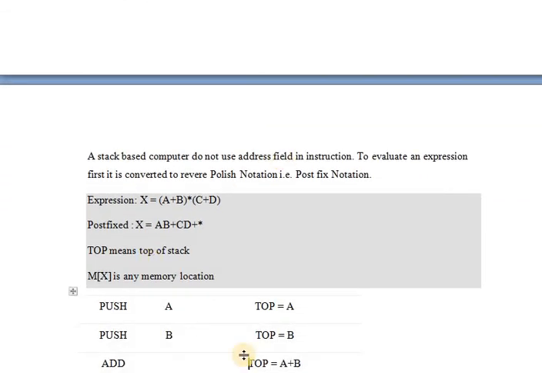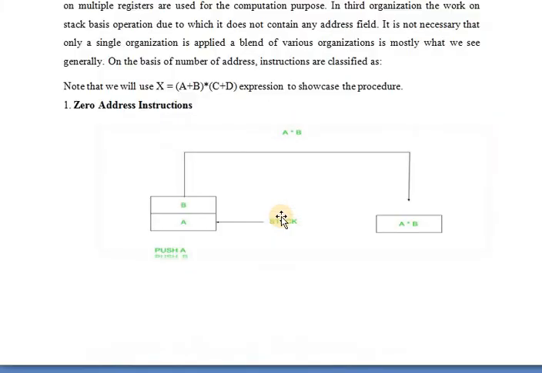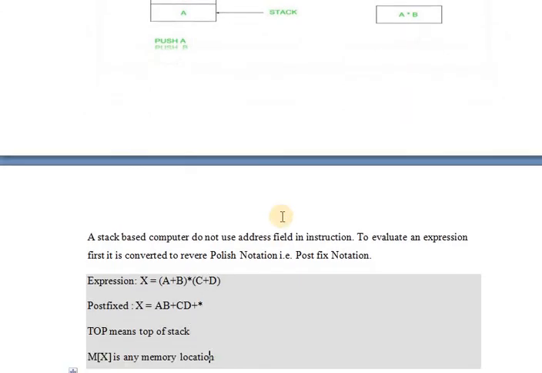Next we push C, push D, then we perform addition. Then we multiply, top equal to C plus D into A plus B. So this is the zero address instruction. We are not specifying any address field in the stack.